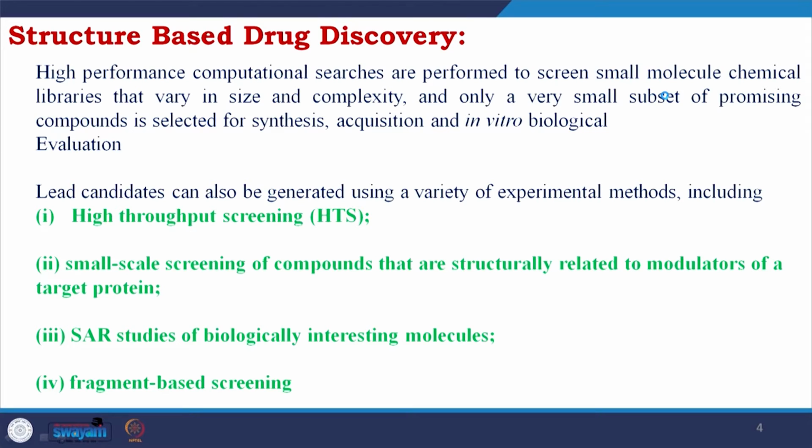With the significant improvement in AI, structural biology as well as predictive techniques, it is very possible now that these processes are coming up with more improved models. High performance computational searches are performed to screen small molecule chemical libraries that vary in size and complexity, and only a very small subset of promising compounds is selected for synthesis, acquisition and in vitro biological evaluation.